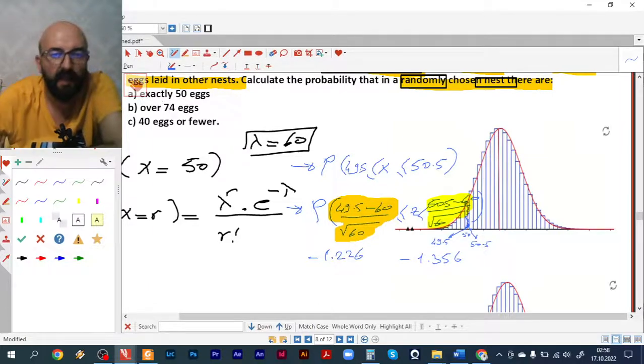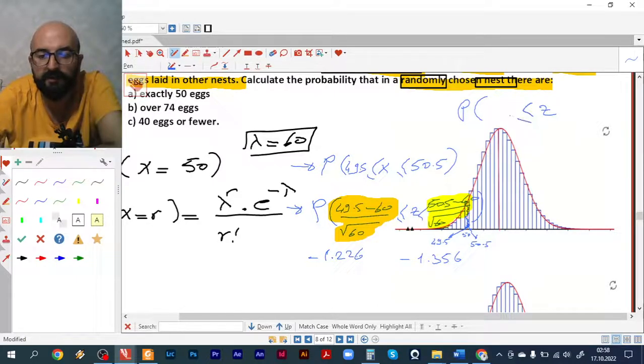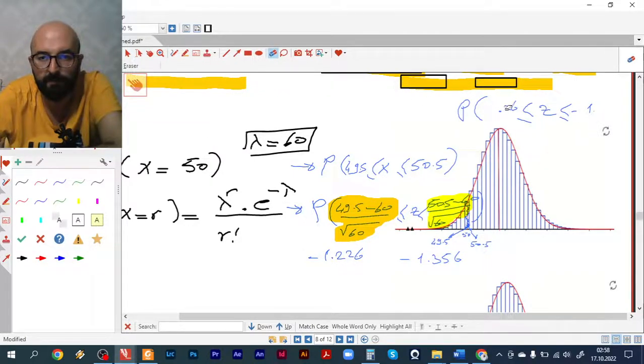And we want to figure out the probability of Z greater than or equal to minus 1.356 and less than or equal to minus 1.226.